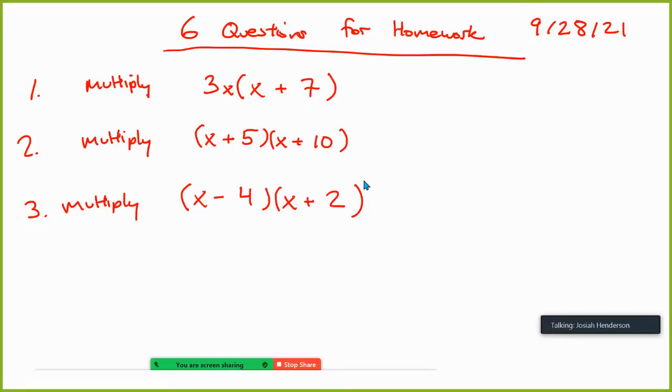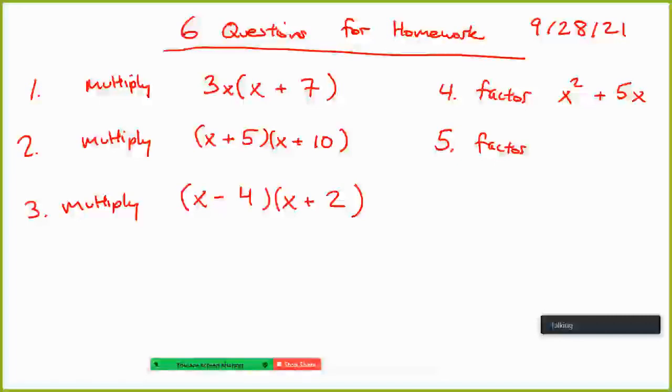And now for some factoring problems, let's try number 4. Factor x to the second plus 5x. If anyone needs me to read these out because I'm not writing it very clear, please tell me.